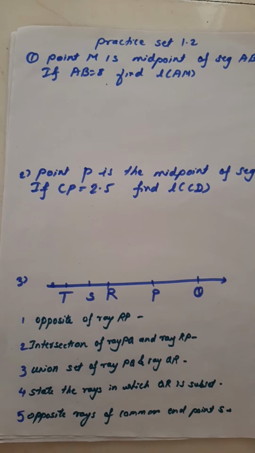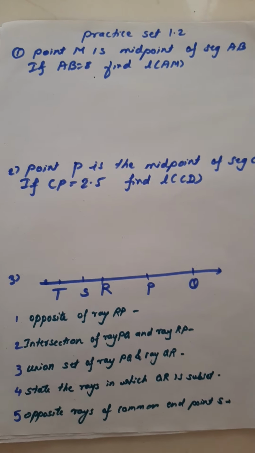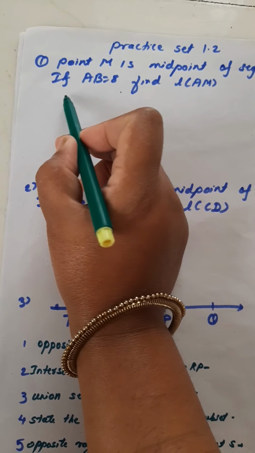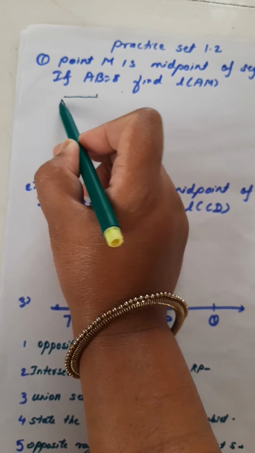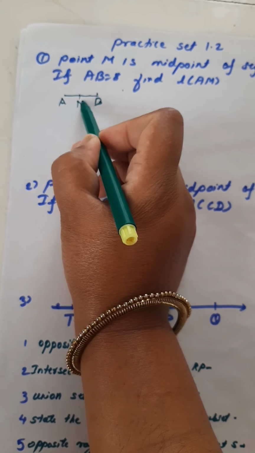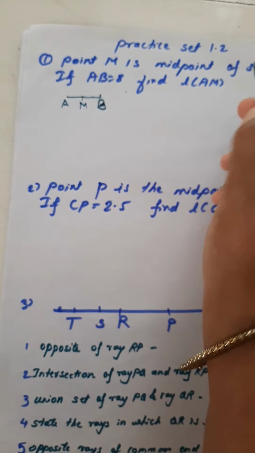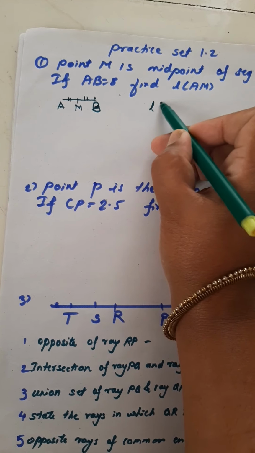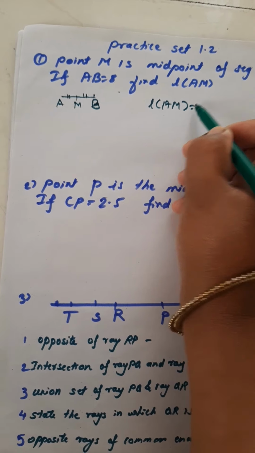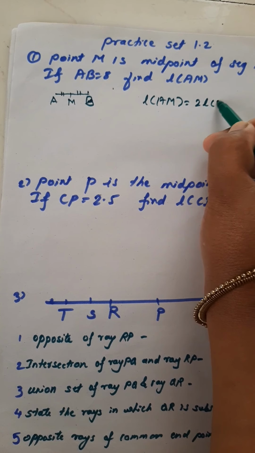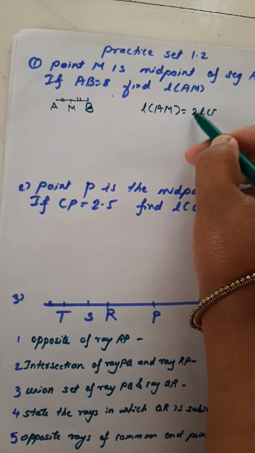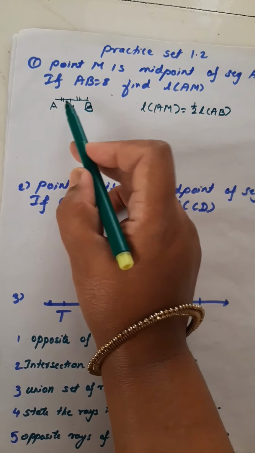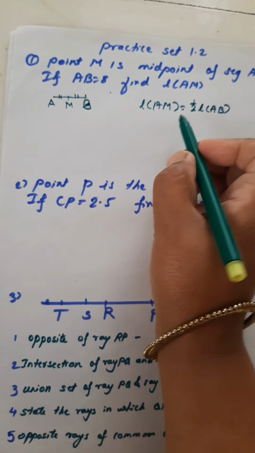Now next it is practice set number 1. Point M is the midpoint of segment AB. Now I will draw here segment AB and M. Okay, what we have to find? Length AM. These both are similar. Now length AM is equal to 1/2 of length AB. Why 1/2? Because it is a half measure.